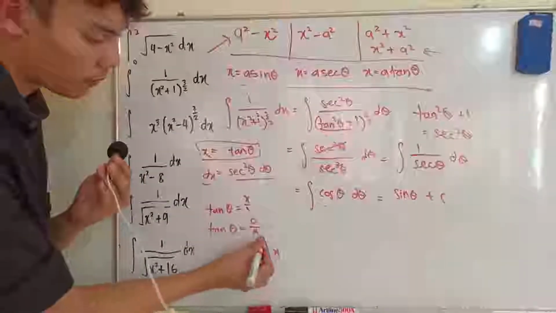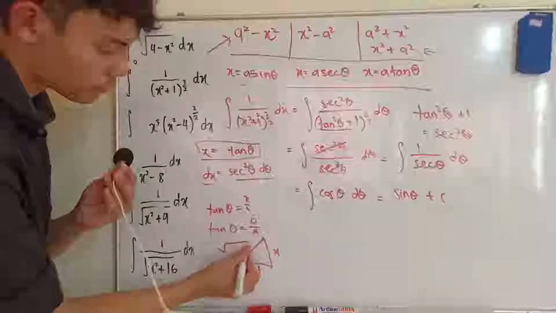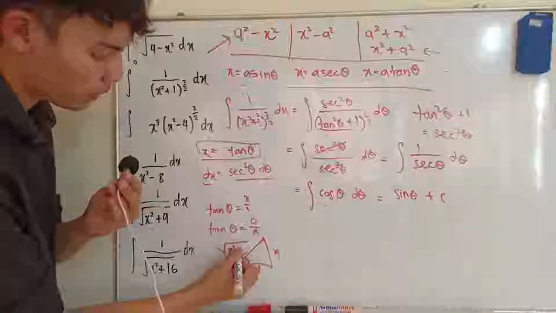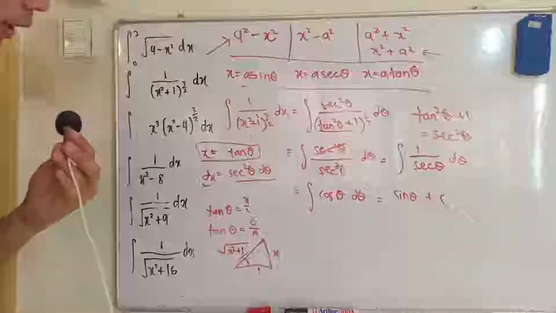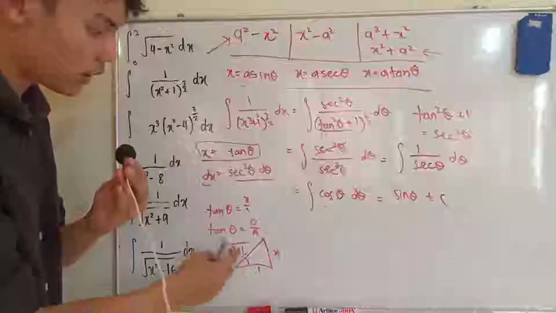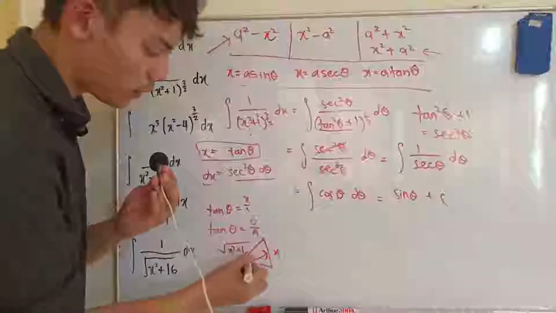So now your hypotenuse is going to be the square root of s square plus 1. So now your sine over here is actually opposite over hypotenuse.